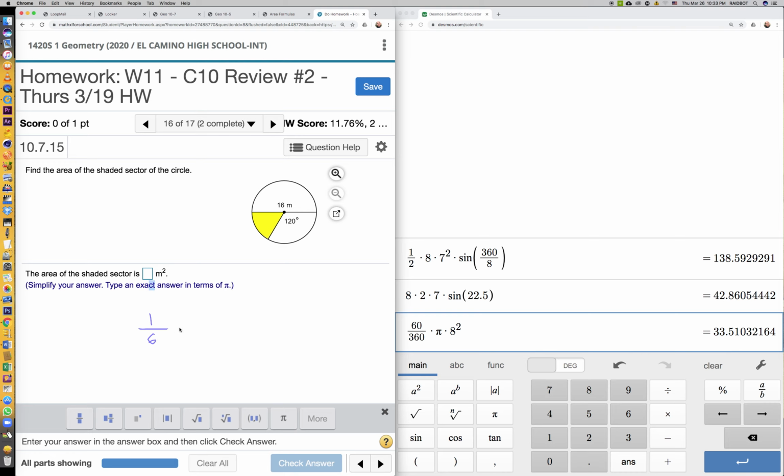Pi, we leave it because we want the answer in terms of pi. 8 square happens to be 64.